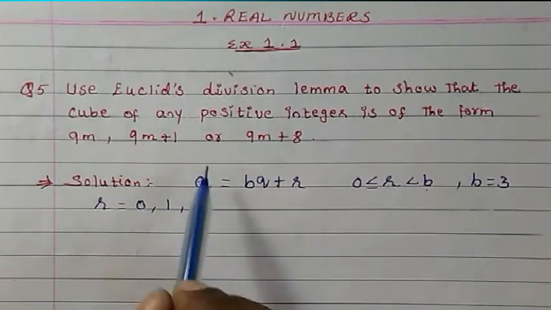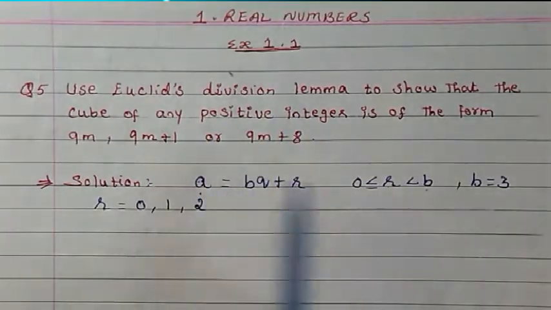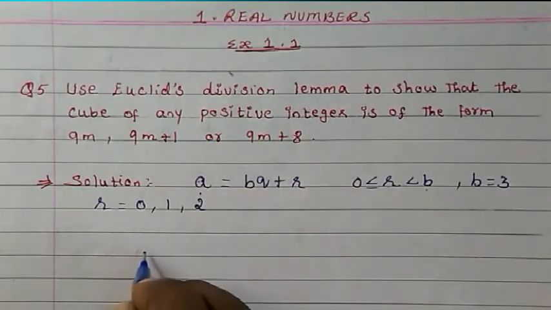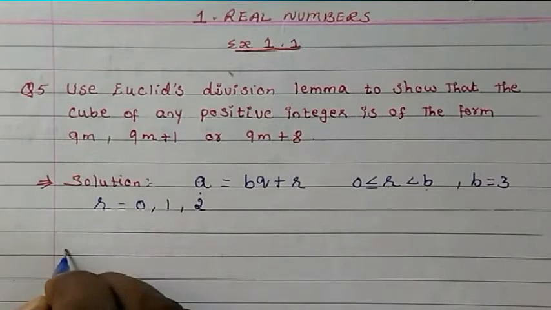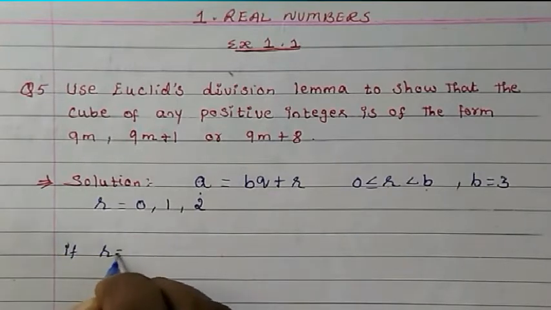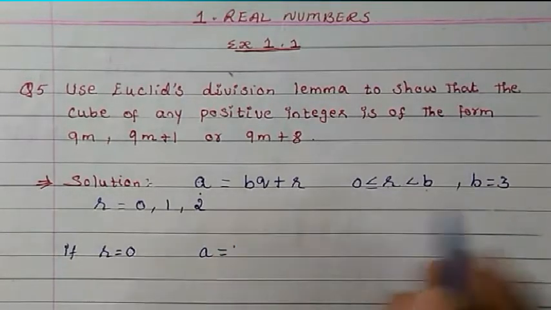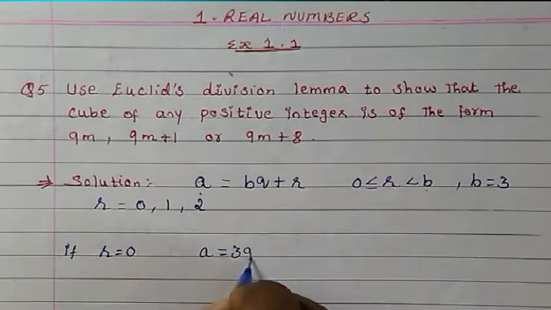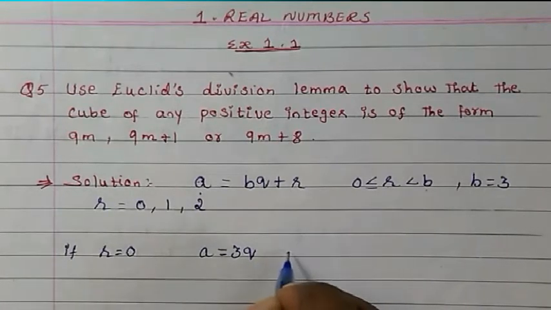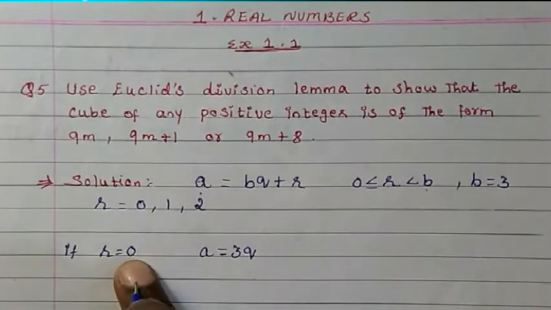So let's begin now. Let a be any positive integer. If r equals 0, then what will we get? a equals 3q plus 0, because r is 0.